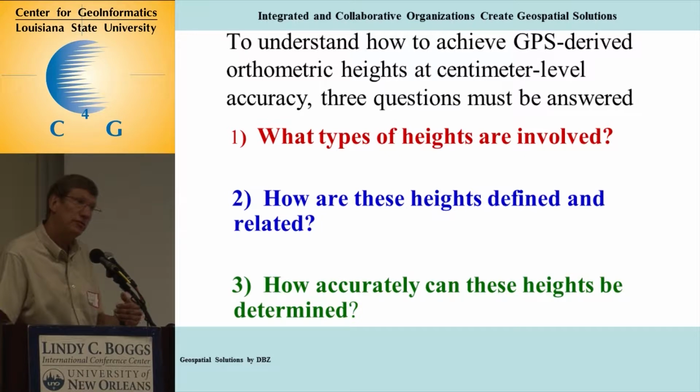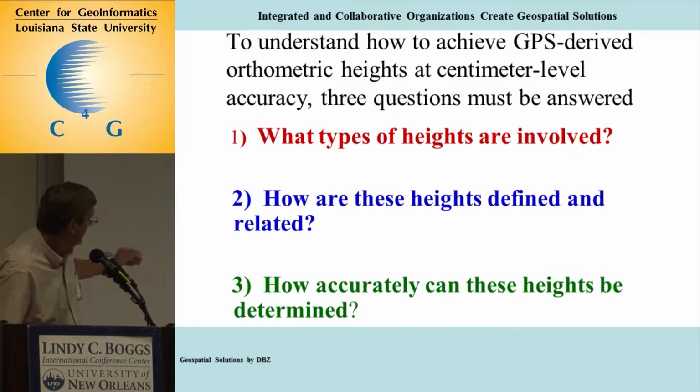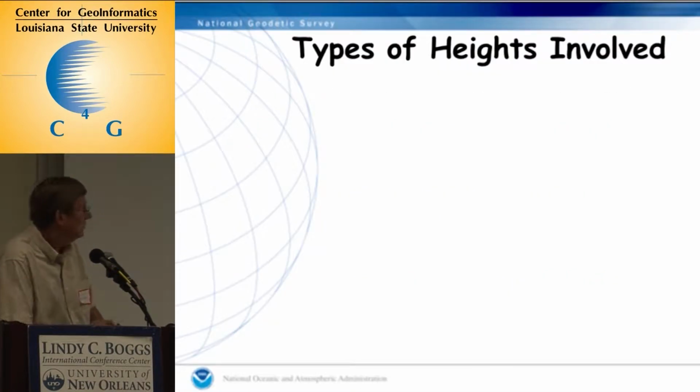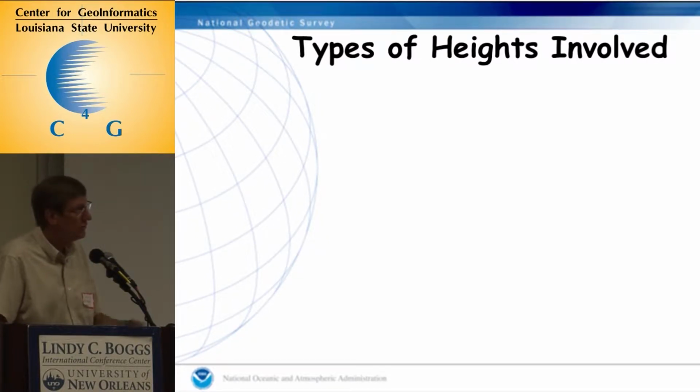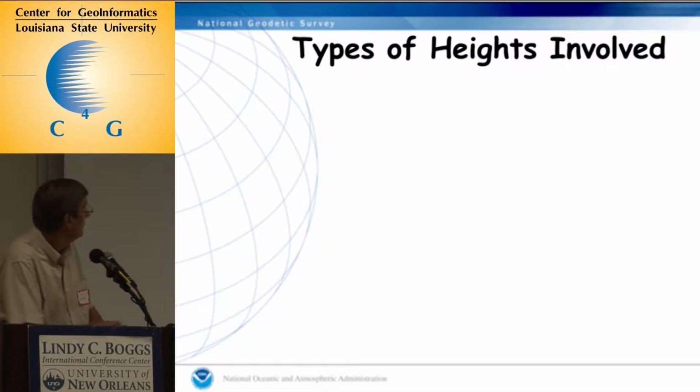So you've got to understand that this is going to give you some information, the very basics of the guidelines, but also give you the ability to maybe ask questions if you've got a problem, and that's part of what we'll get to. And then how accurately can you determine it? And you'll hear some of the new stuff that's coming out when we talk with Jerry and Mark, where they talk about the geoid and OPUS.